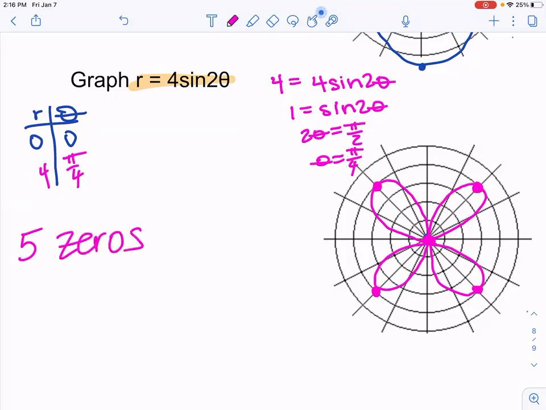You don't know how to draw petals? Sure.